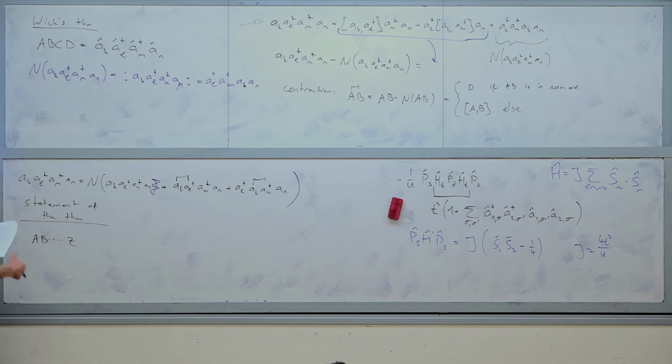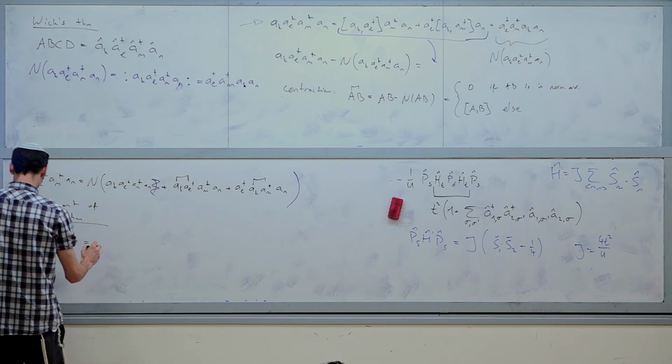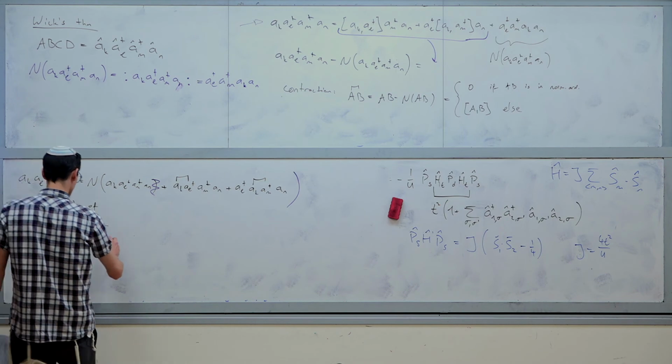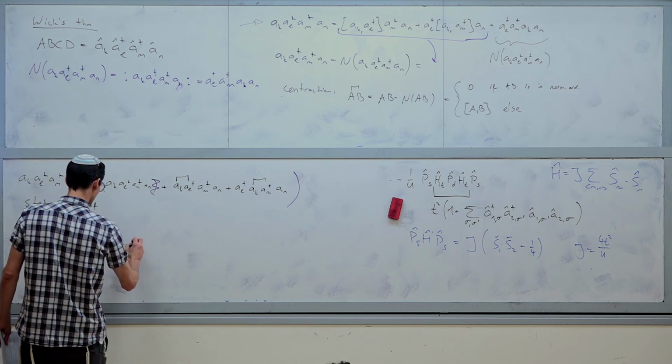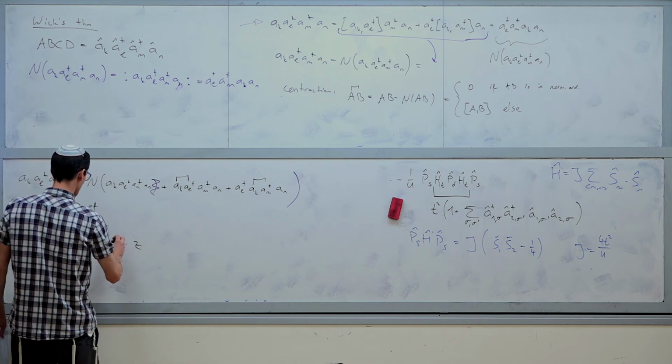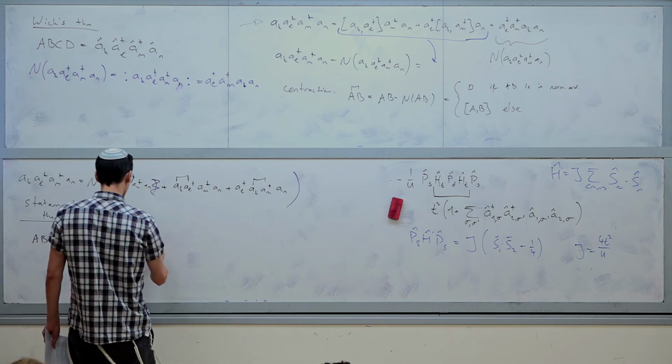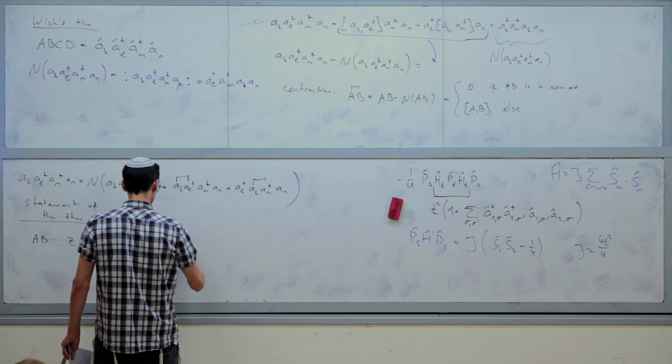Okay? The theorem states that this string of operators, which is in some random order, is equal to the normal order of A, B, and so on, up to Z. So everything is reordered now in the correct way. Plus something I call all contractions.